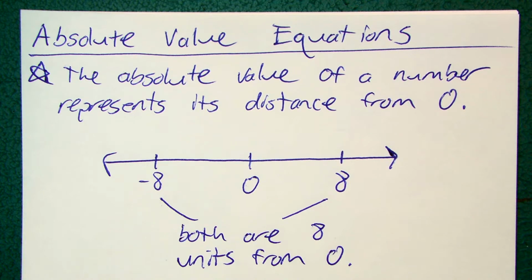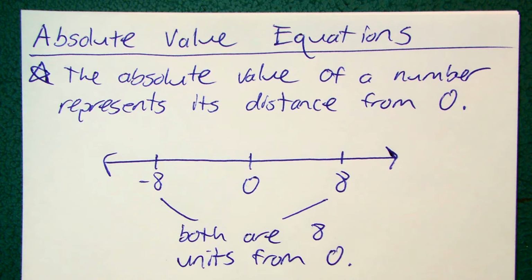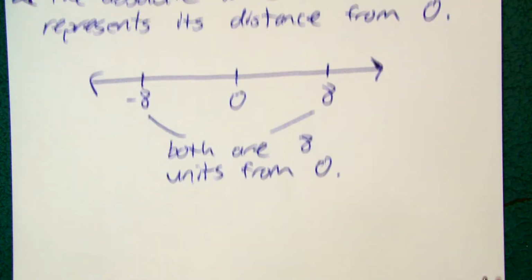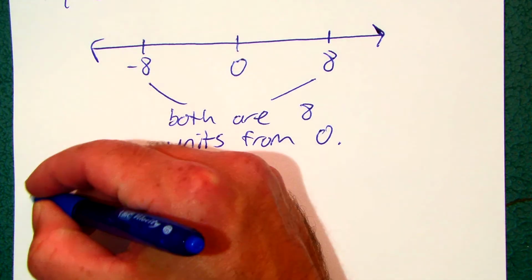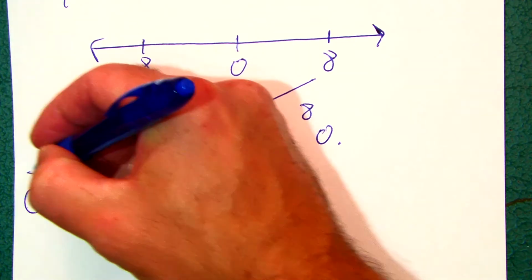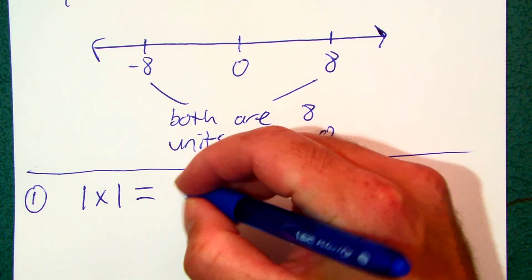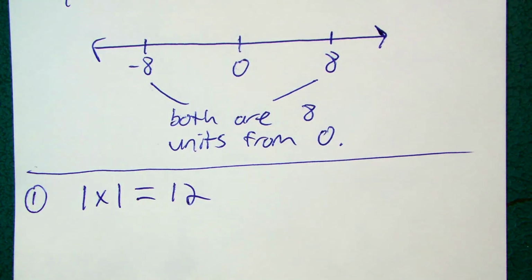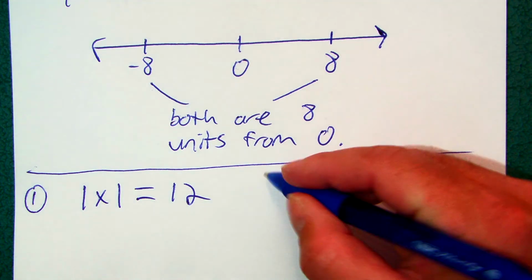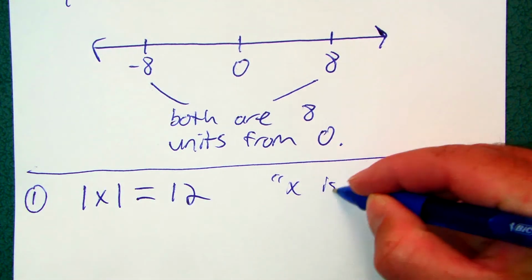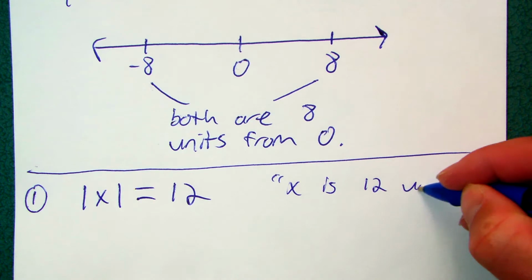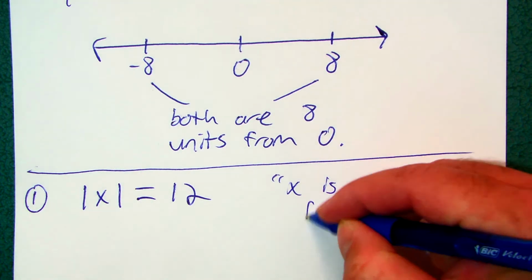Okay. So I was going to start off with probably the easiest example I could give you when it comes to absolute value equations. Let's go with the absolute value of x equals 12. What we're saying here is that x is 12 units from 0.